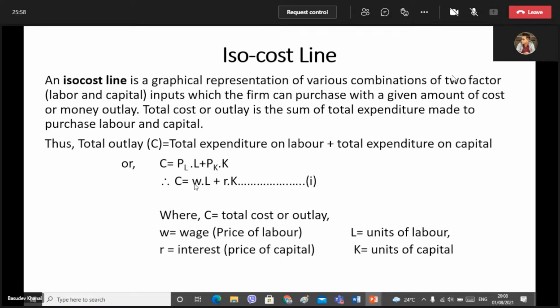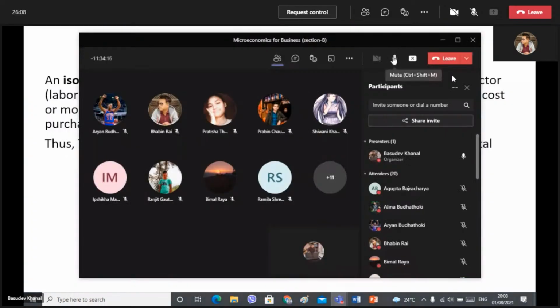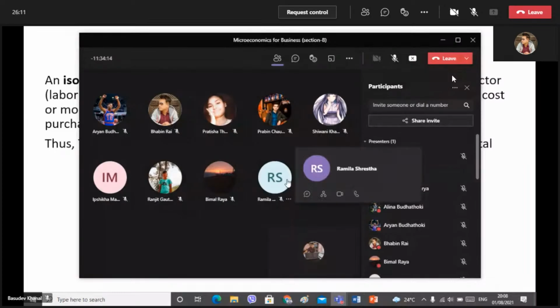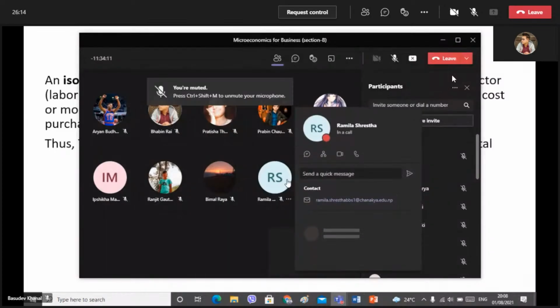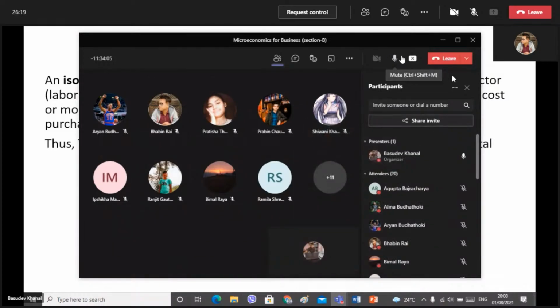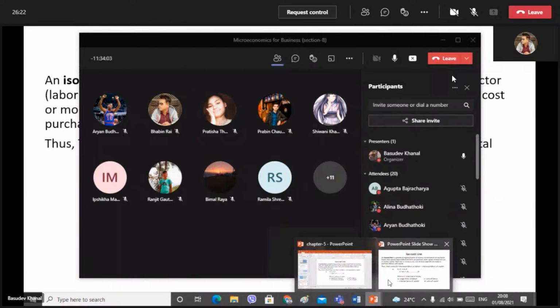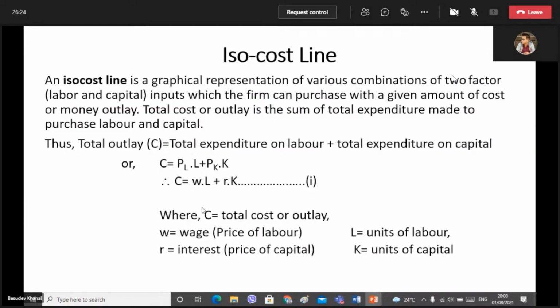W is wage rate, R is interest rate. C is total expenditure made on the purchase of labor and capital: wages multiplied by units of labor plus rate of interest multiplied by units of capital.